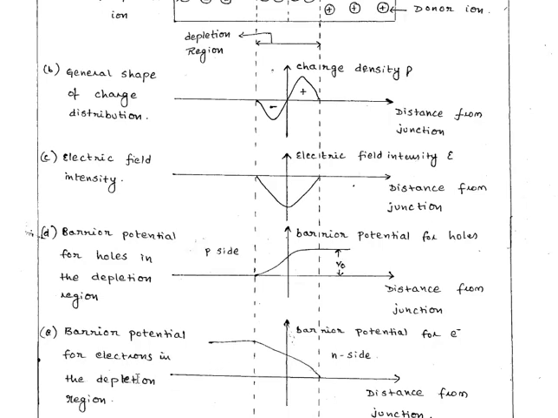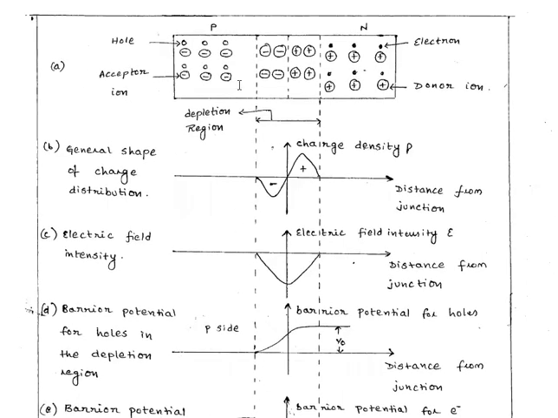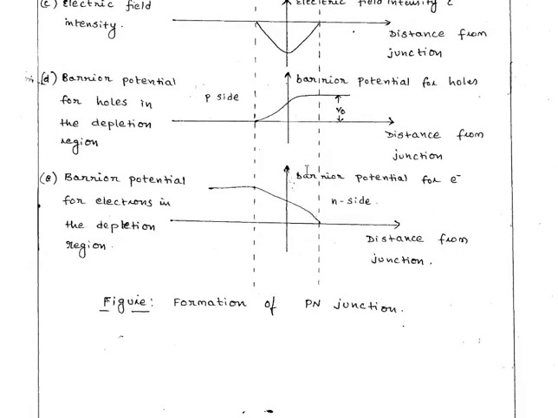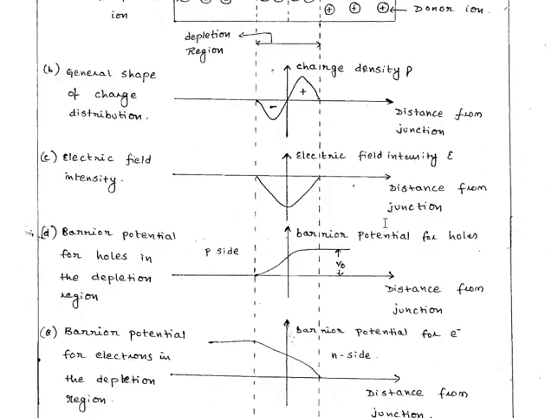Coming to the barrier for free electrons, on the p side of the depletion layer the electrons will be high and the concentration is reduced as we move towards the n side. This is the graph. This is all about p-n junction formation.